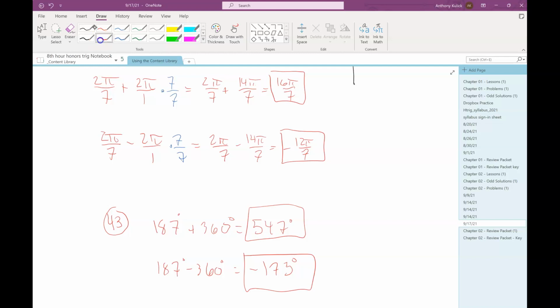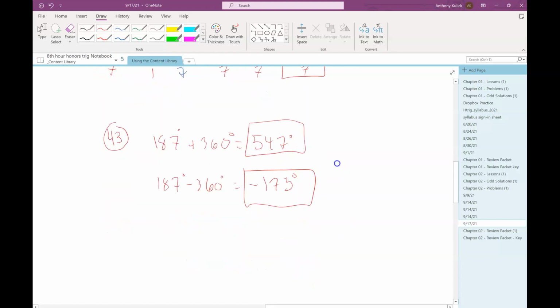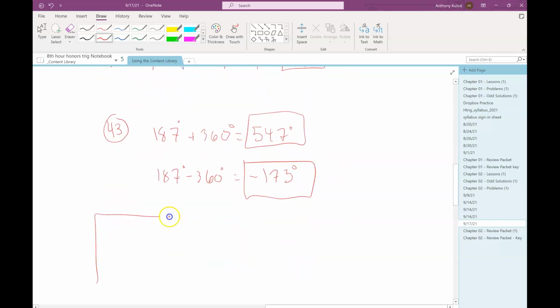Just a general question for this. When you're doing s is equal to r times theta, you always want theta to be in radians when you do that, right? So we have two different versions of that formula. There's s equals r theta, that's the radians version.